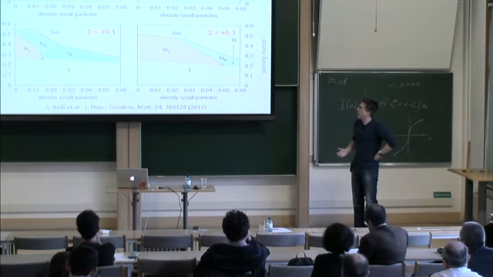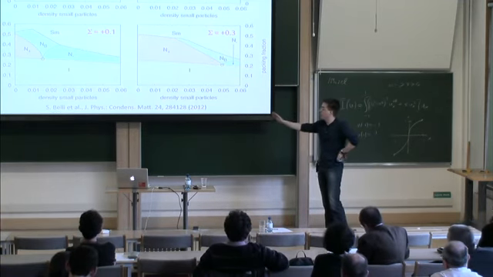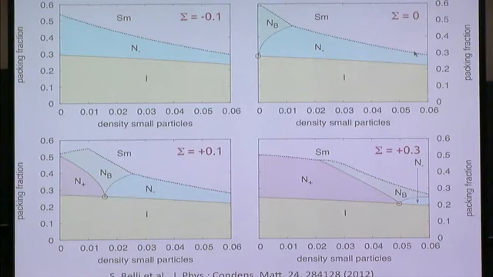When there is no attraction, what pushes the transition is just the entropy. And therefore, if the shape of the particles favors prolate ordering, like rod-like ordering, your particles will align along the long axis.